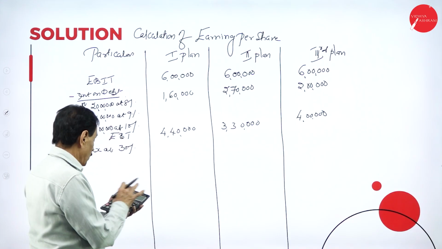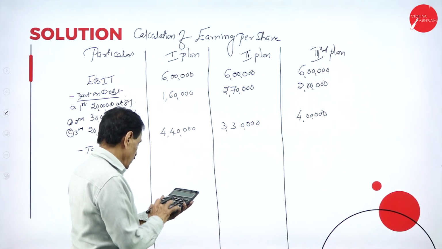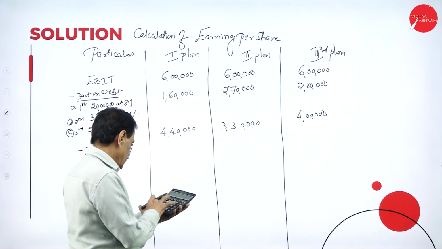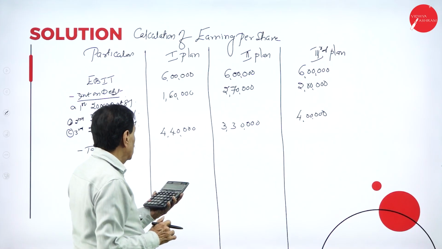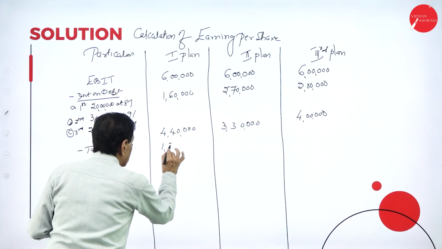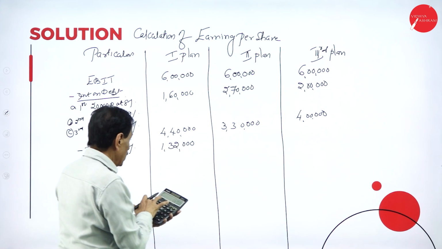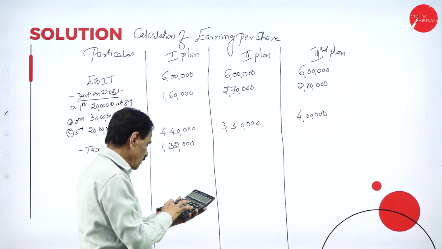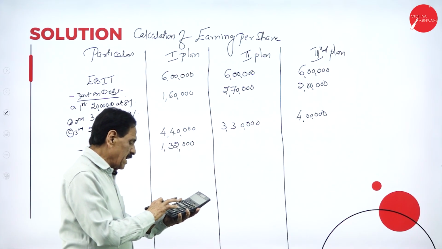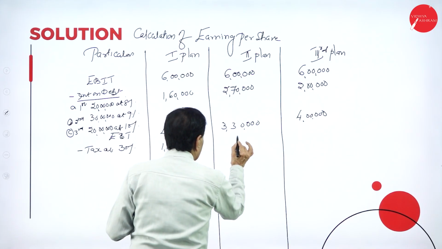So 4,40,000 into 30 divided by 100 is 1,32,000. 330 into 30 divided by 100 is 99,000.